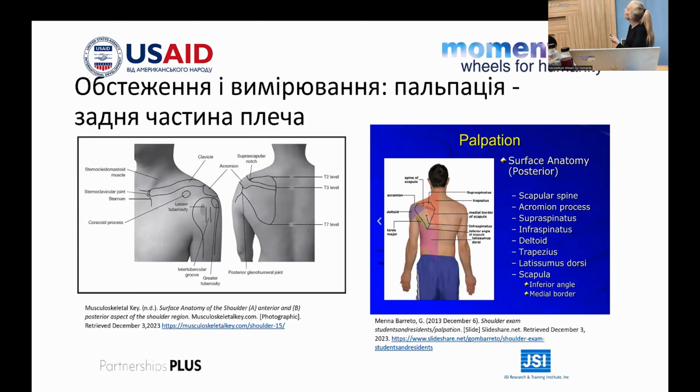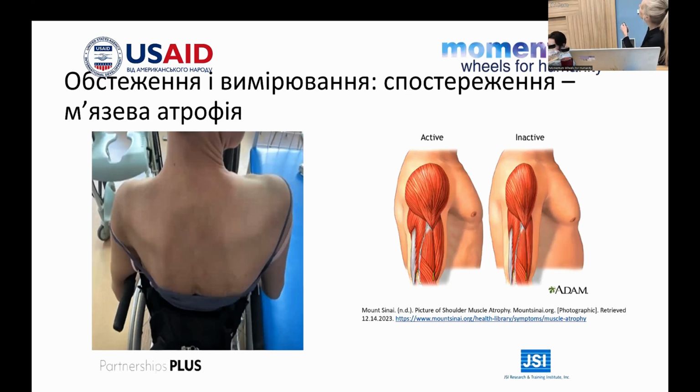You're looking for muscle atrophy. Less muscle bulk here. Hard to see here, but this is actually a little bit away from the thoracic ribs as well.